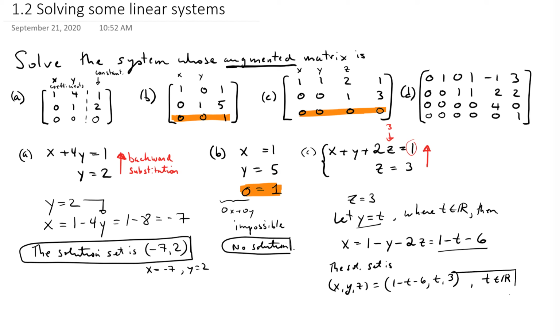Actually, you know what? I could have done something slightly better. You realize I have two constants here that maybe I can regroup. I should have done it here, actually. Minus 5 minus t, t and 3. That's actually better. T is a real number, so actually this should be my answer here.